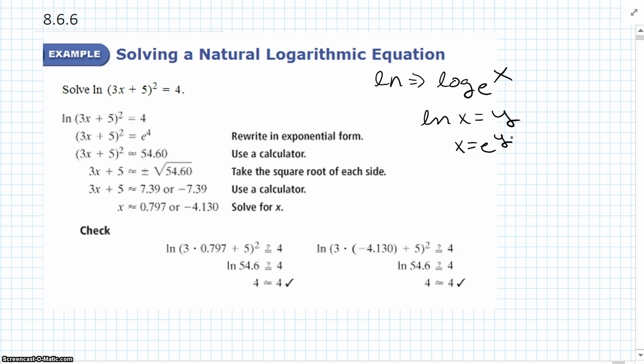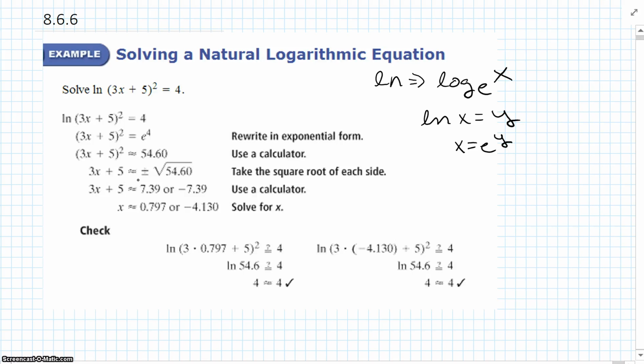Okay, and this is what we're going to do in this example. So we have the natural log of (3x plus 5) squared equals 4. Well, we can rewrite this as (3x plus 5) squared equals e to the 4th. Okay, square root each side.